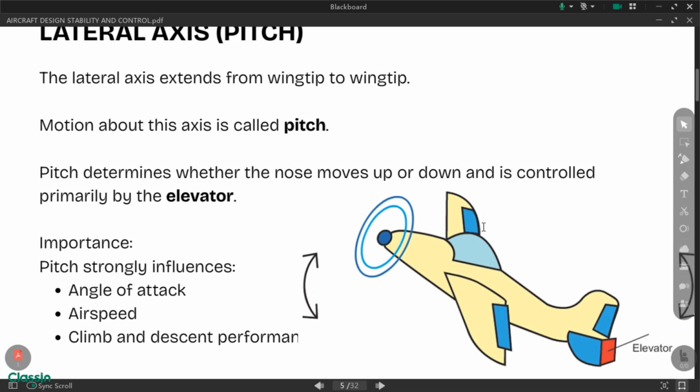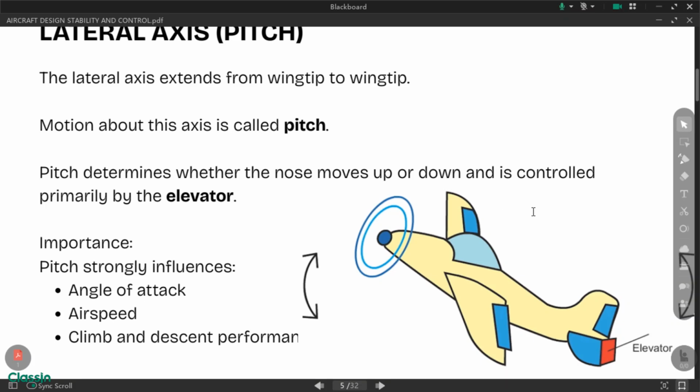So, actually, among all the rotations, no, yung pitch roll tsaka yaw, yung pitch natin is generally considered yung most critical kasi this affects yung angle of attack, and in flight performances, angle of attack affects a lot of the aerodynamics ng ating eroplano.